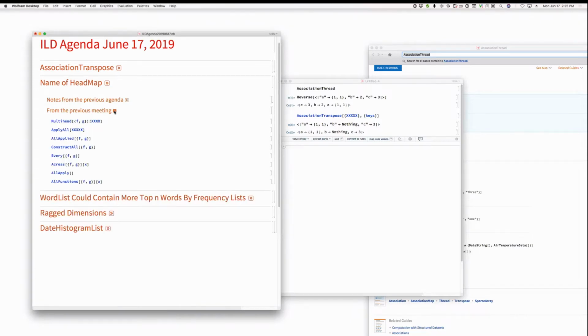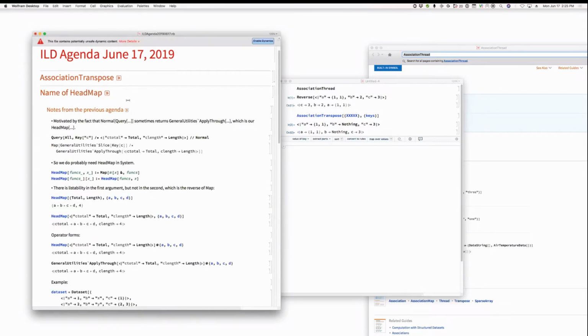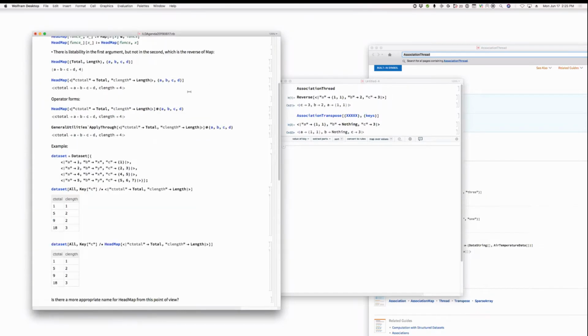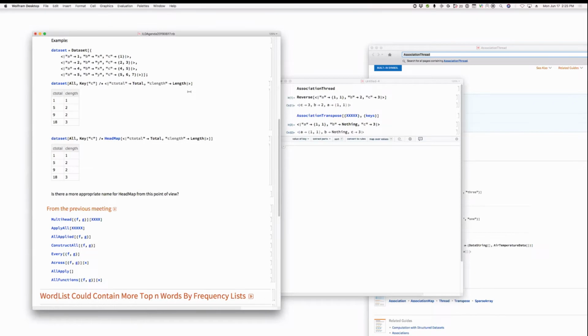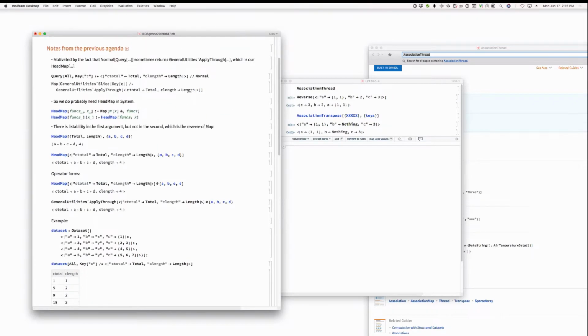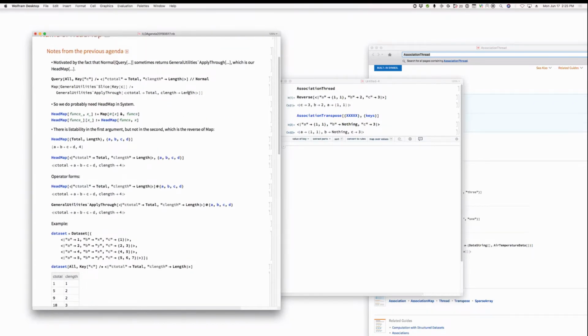So those are the options that we discussed previously. This was the motivation we gave in the previous meeting for why we would have this function. I'm now trying to remember what the point of this is.